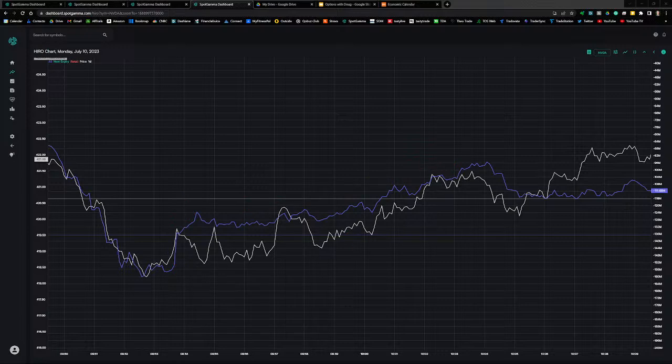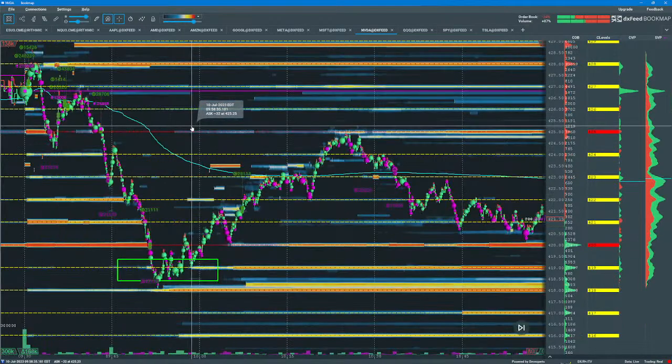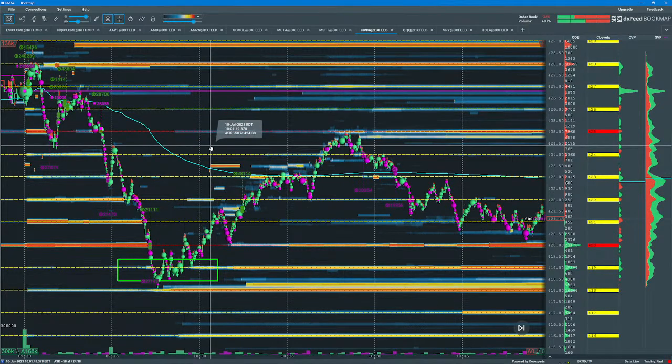All right, let's go take a look at Bookmap. Take a look at NVIDIA, and there was the long setup in NVIDIA. Again, a pretty good scalp. 419 to 424.